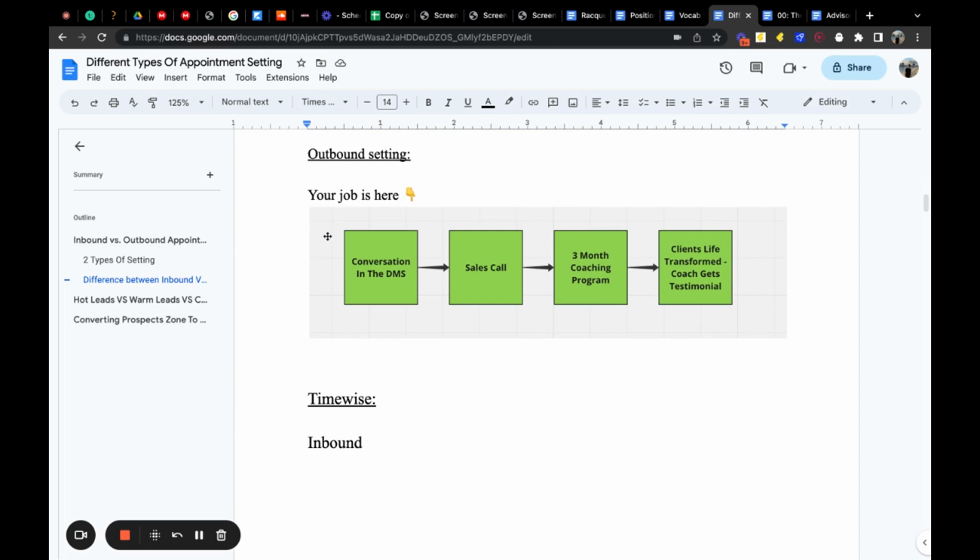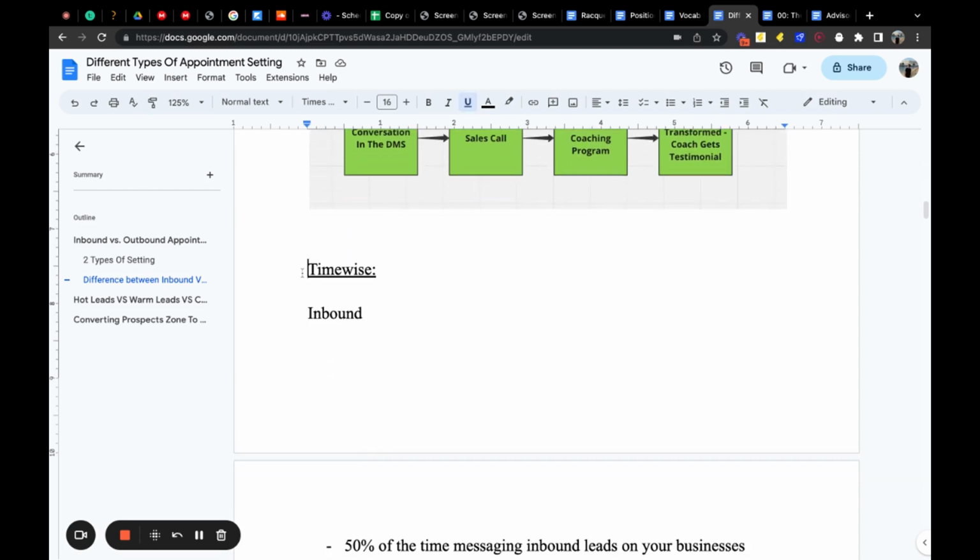But then the process is the same: you have a conversation, get them on a call, get them to the closer, or someone who's responsible for converting them into the actual coaching program. They get into the coaching program, the service is delivered for that client by your business, the client's life is transformed, and the coach gets a testimonial.